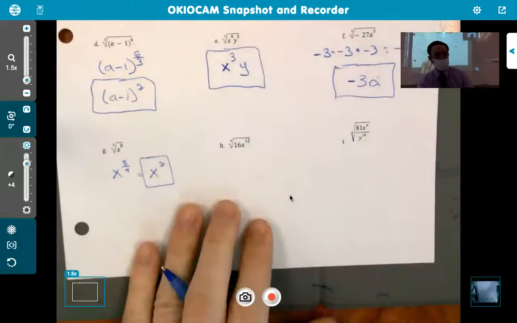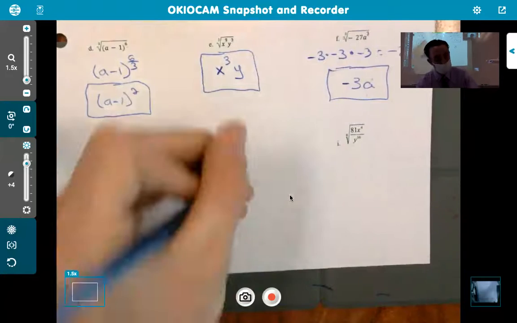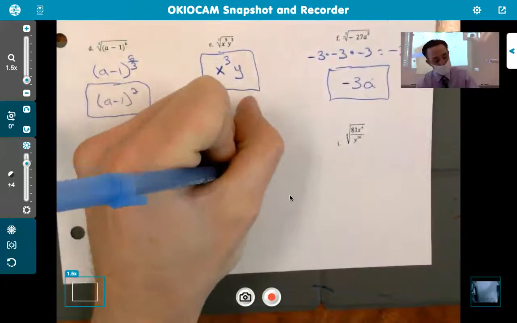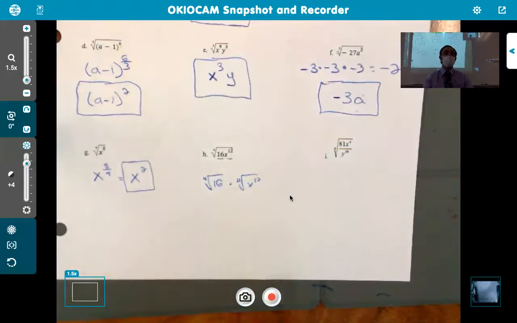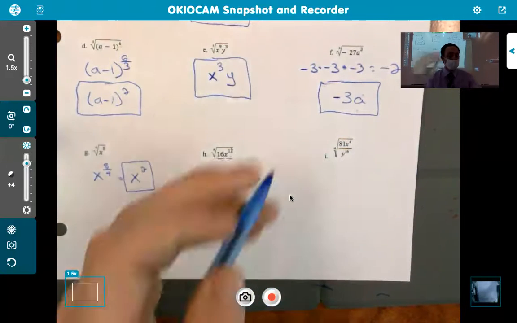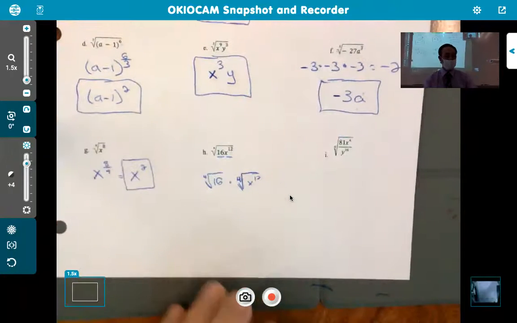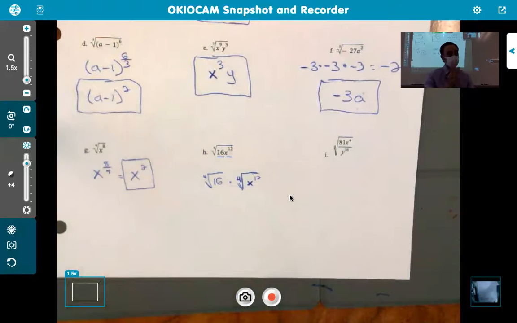And another thing you can do, if this helps, take each term inside your root and write it this way: the fourth root of 16 times the fourth root of x to the 12th power. So that way you know you're breaking it up and doing it step by step if you need to do that. As you progress and get more practice with this, it should be second nature as to what you need to be doing.